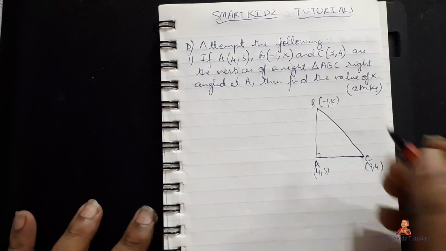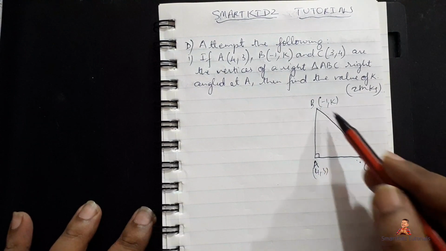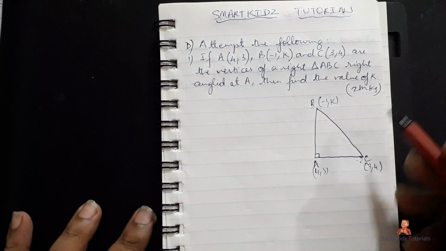So that means the hypotenuse in this case will be BC, the side opposite to the right angle.